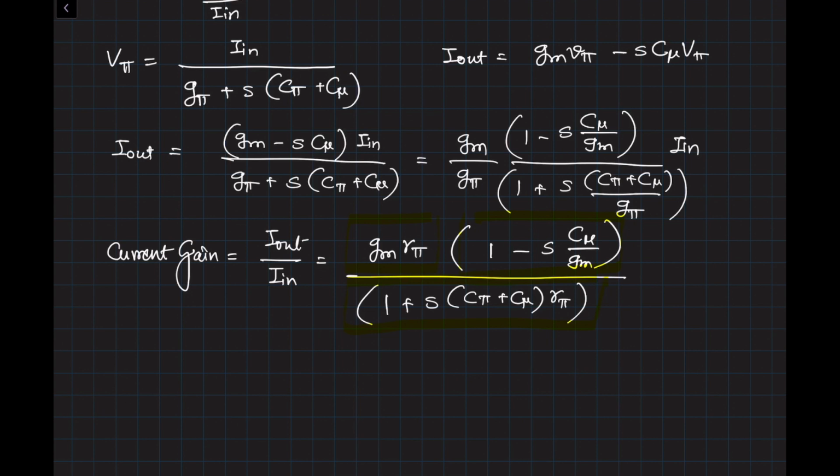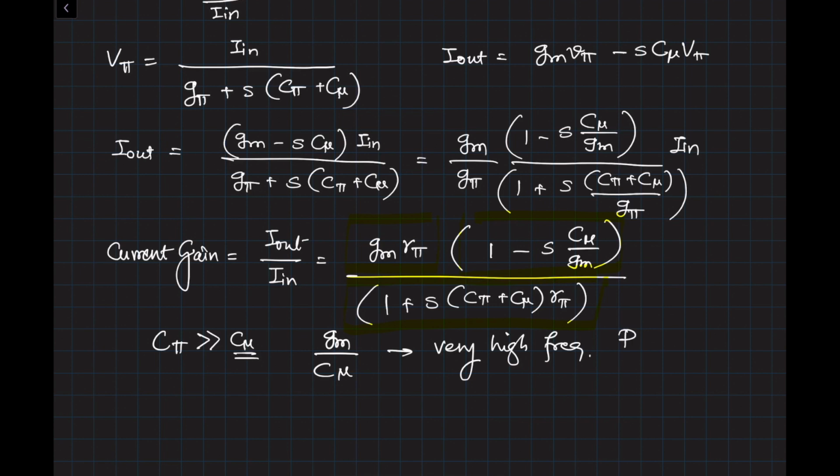One thing, as I have told you earlier, we say that C pi is much greater than C mu. So in this particular case, gm divided by C mu is going to be a very high frequency. The right half plane 0 is at a very high frequency.